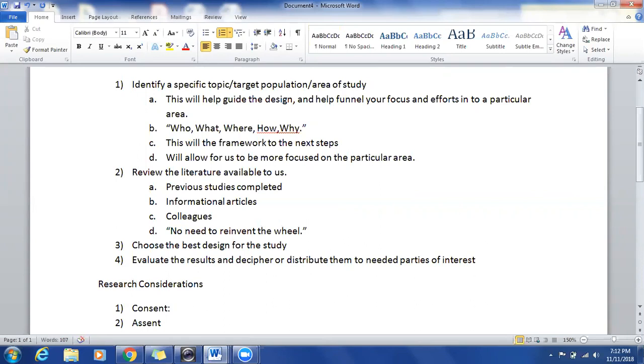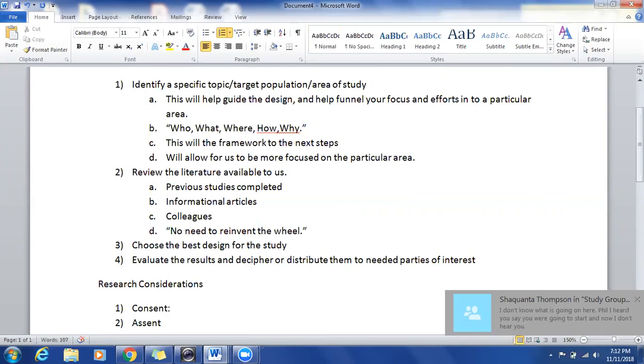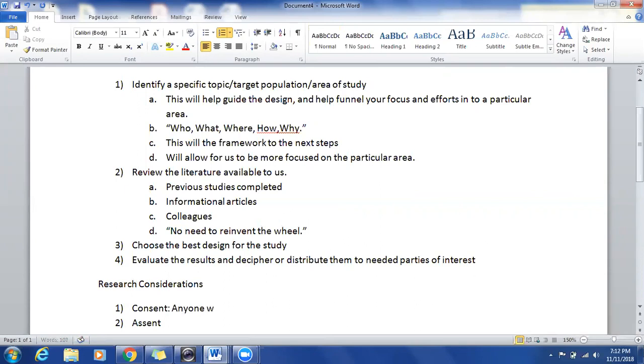Consent is where anyone who is over the age of 18 and in sound mind, body, and reason.